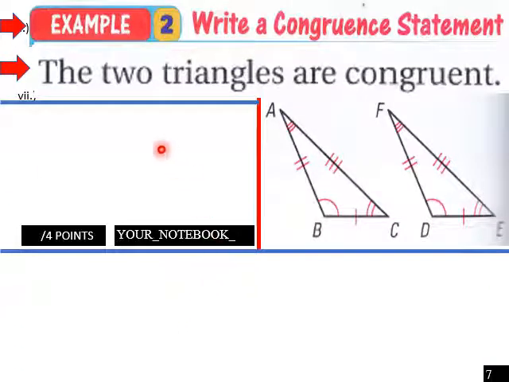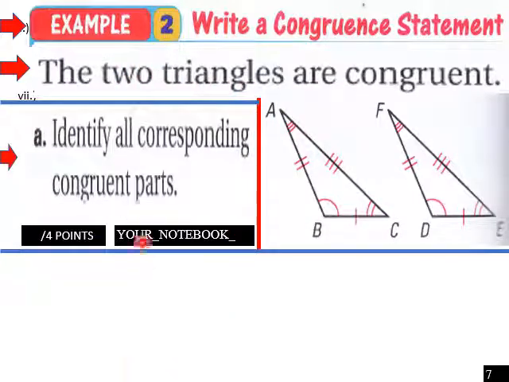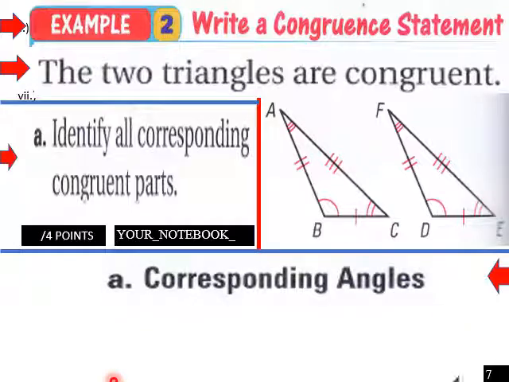Write a congruent statement. The two triangles are congruent here. Identify all corresponding parts. How do we write a congruent statement? Well, first of all, we identify all corresponding congruent parts.